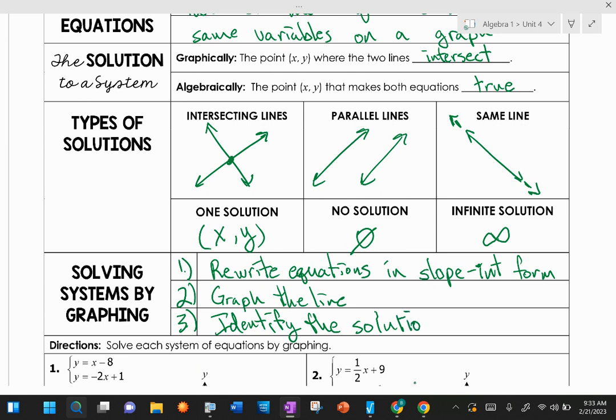Okay, so there's a few different methods that we use to do systems. We are going to do each of them over the next few consecutive days. Today's solving by graphing. So you get 2 equations. You need to graph those straight lines on the graph. And then how do you identify what the solution is?